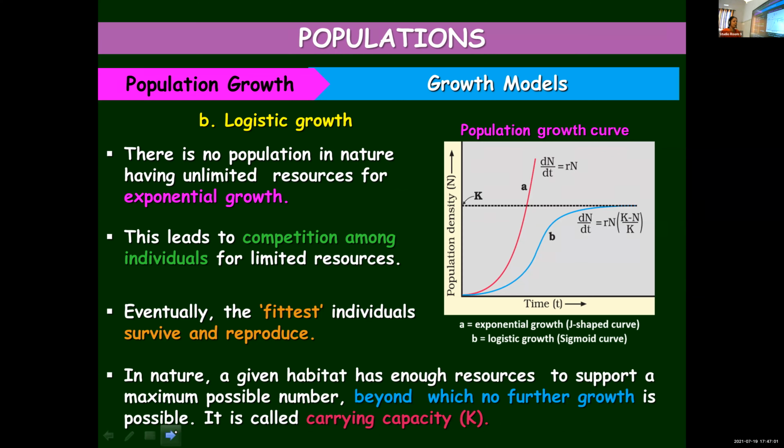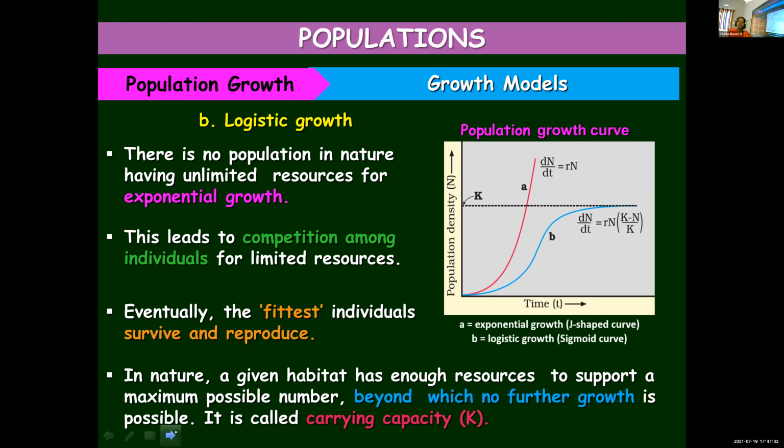In any habitat, there will be sufficient resources to support the maximum number. But beyond that, no growth will take place. That is known as carrying capacity, or K. It is represented by the alphabet K. So beyond that, no growth is possible as per logistic growth pattern.